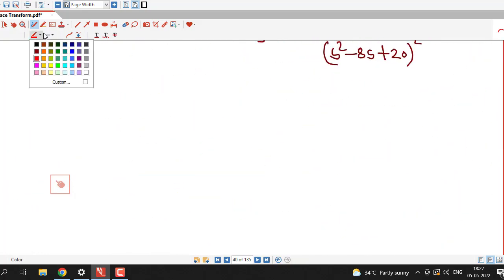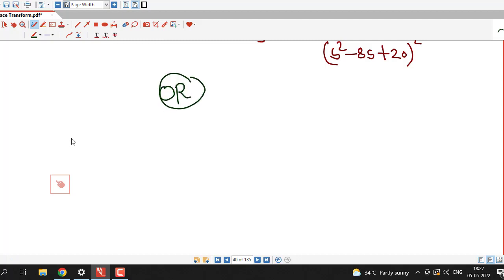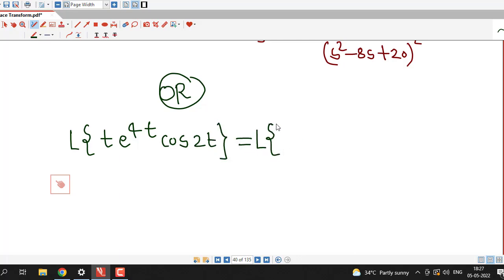So the same problem we can do in another way. Here I am writing or. So now I am writing our function. Our function is t e raised to 4t cos 2t. So this is equal to the Laplace transform. Now we write this as e raised to 4t times t cos 2t.